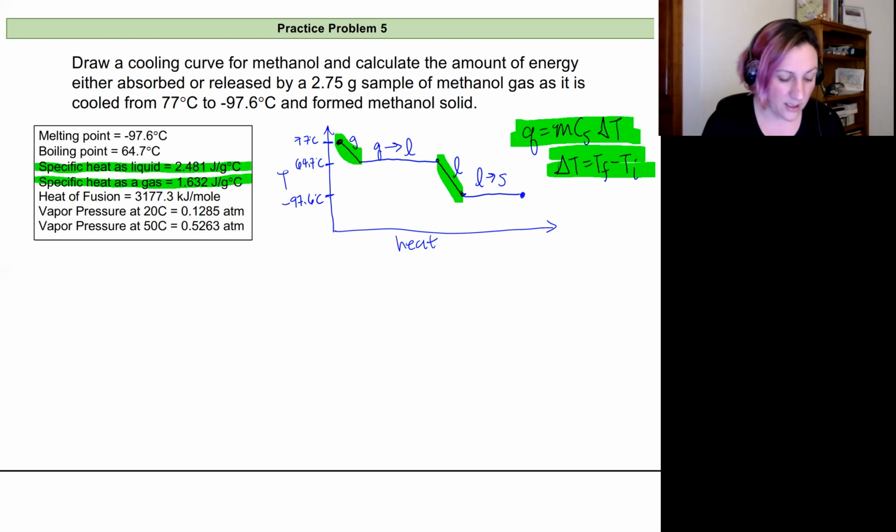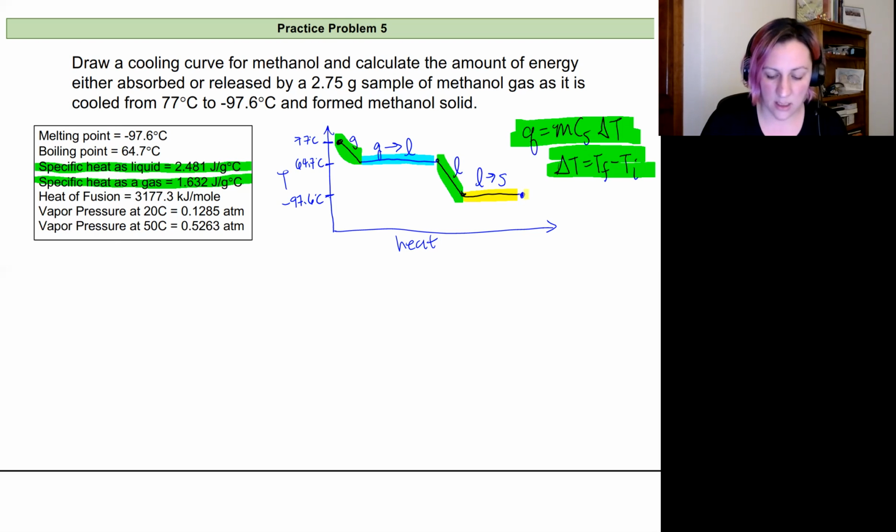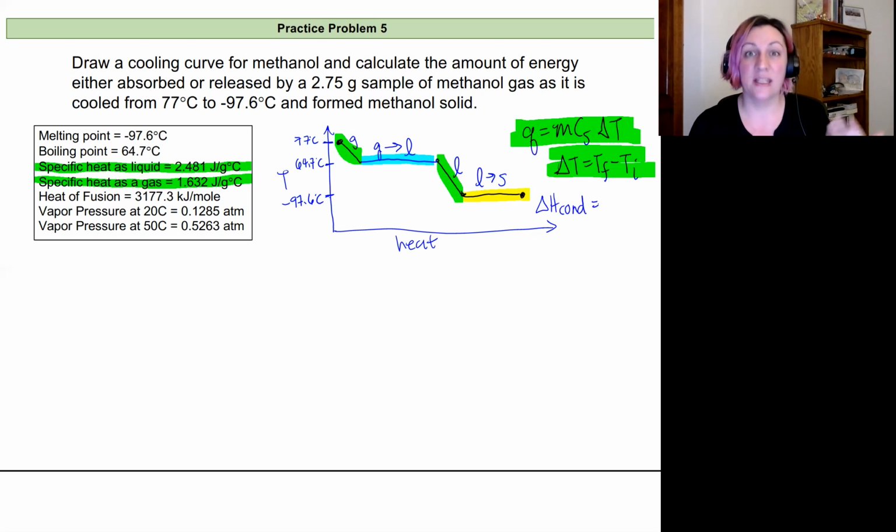Then for the phase changes right here, where we're going from the gas to the liquid, and then from the liquid to the solid, we're going to be using our enthalpies. When we go from our gas to our liquid, we're going to be condensing. So we're going to use our enthalpy of condensation, which is equal to the negative of the enthalpy of vaporization because it's the opposite of that phase change.